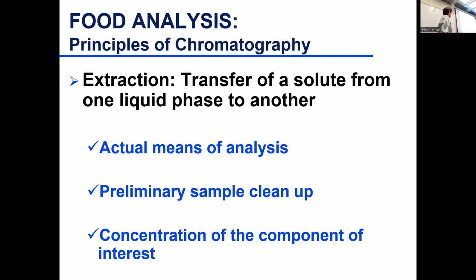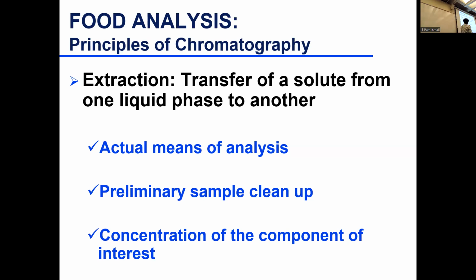All right. So I want to take a step back and explain extraction because the basis of chromatography stemmed from extraction. That means separating compounds in two different phases, liquid phases normally, and we do that for different purposes.